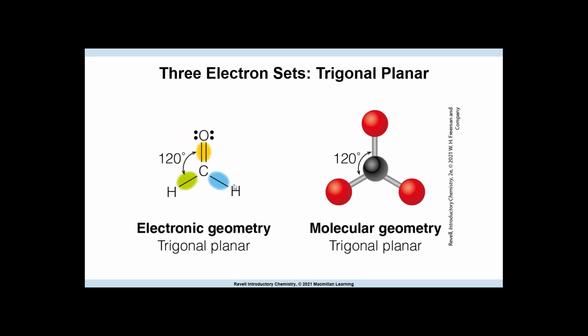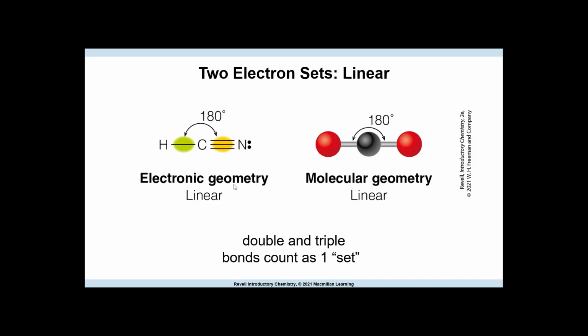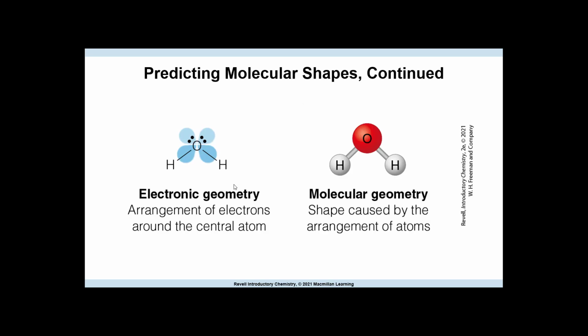So let me explain something here that it's not flat out saying. When we look at electronic geometry, it is the arrangement of electrons around the central atom. If you look over at the molecular geometry, it doesn't acknowledge lone pairs. That's why you don't see it on there. So if you have a molecule that has lone pairs, the electronic geometry and the molecular geometry will not match.